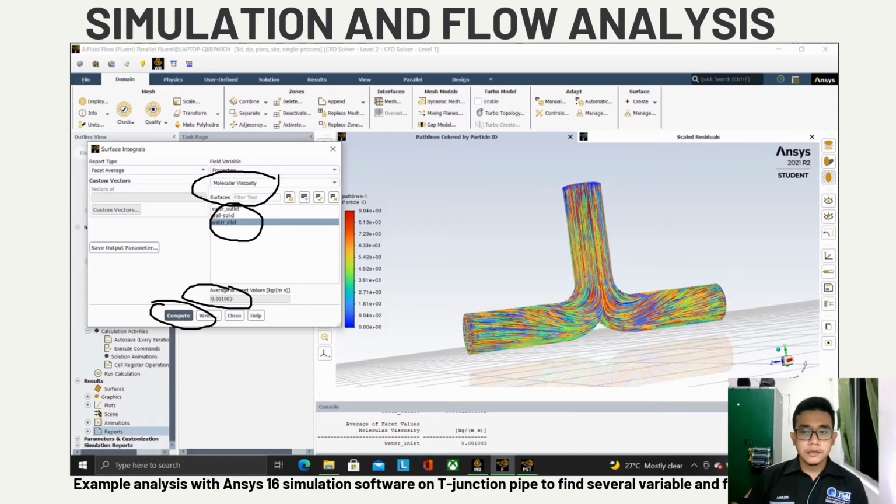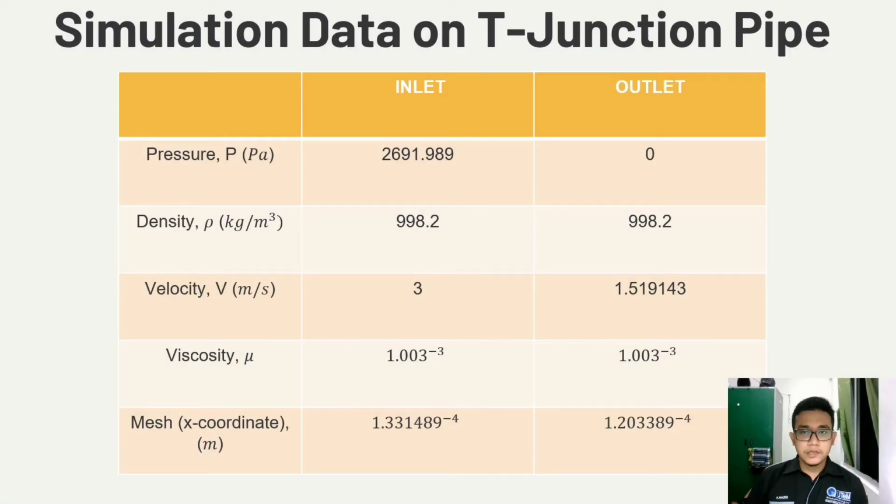Next, the data for the simulation of the T-junction pipe is the pressure, density, velocity, viscosity, and the mesh. For the inlet and the outlet, as you can see, the pressure is 291.989 and the outlet 0. For the pressure and all these types of data, we must use the phase average. It means only the phase for the in and out.